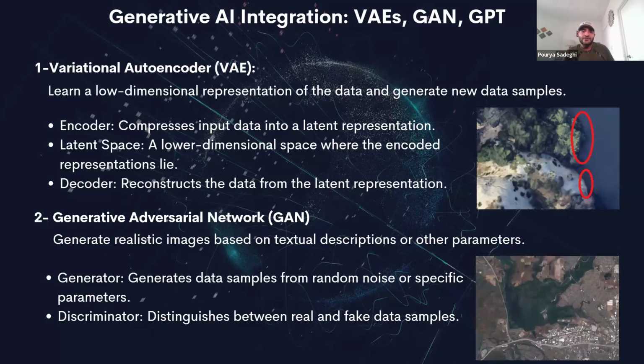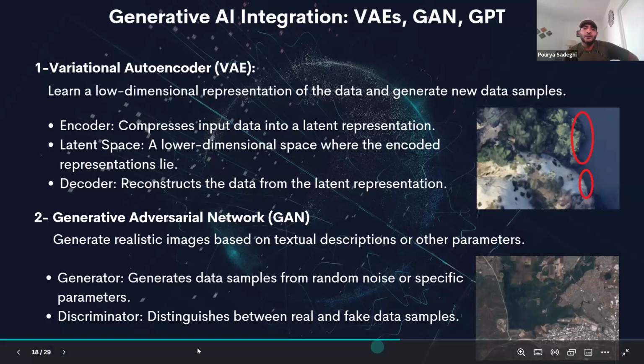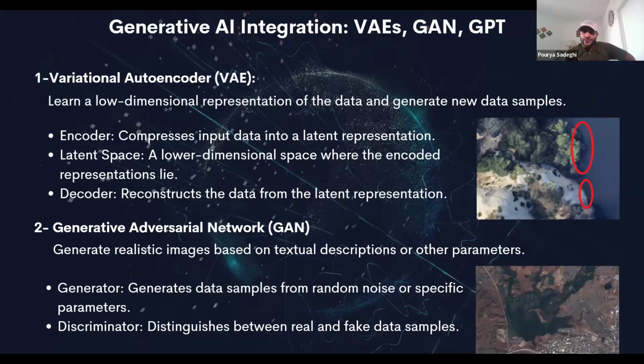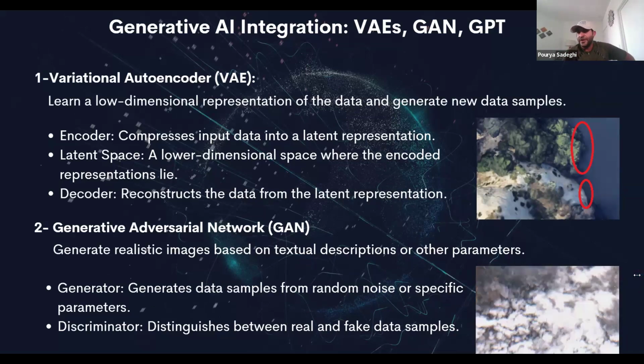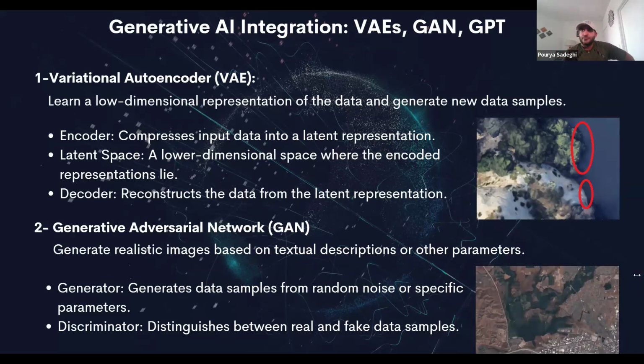And then for GANs, we have two main components, which are the generator and the discriminator. As I said, the generator creates a random noise for a specific parameter. And then the discriminator wants to determine if this generated picture is real or fake. So what's the use of it? Just consider if it's real or fake.